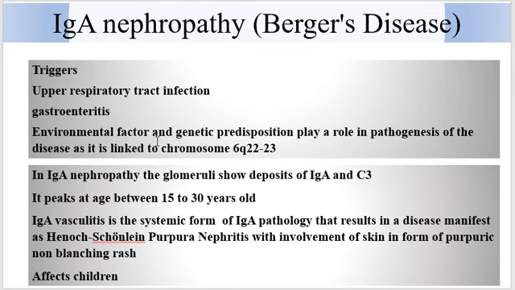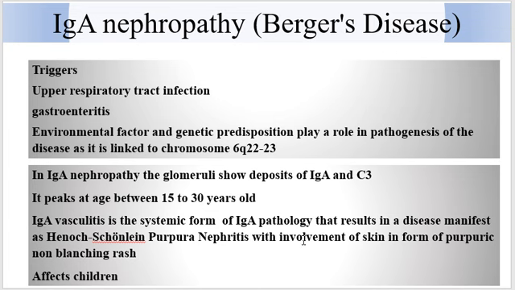However, the systemic form of IgA pathology is known as IgA vasculitis, and this results in a disease manifesting as Henoch-Schonlein purpura nephritis.